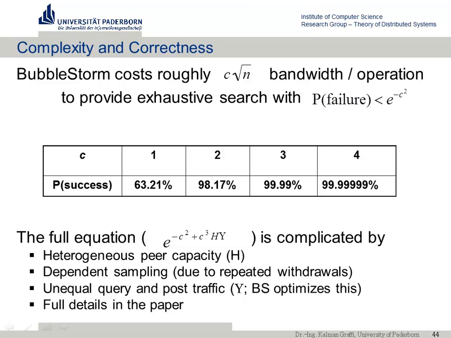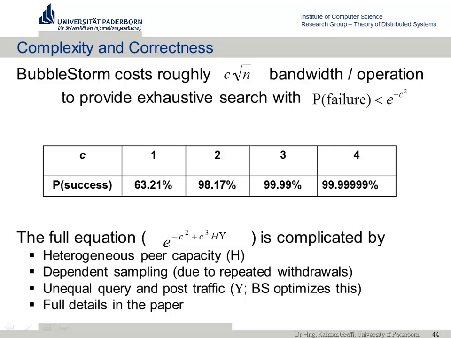And with this C, you can really tune the quality of your network. If you, for example, choose C equals 4, and you have 4 times the square root of n bandwidth consumption per operation, then you still have a probability of finding what you're looking for with 5 nines. So very good, reliable operation, which was before in Gnutella quite unreliable.